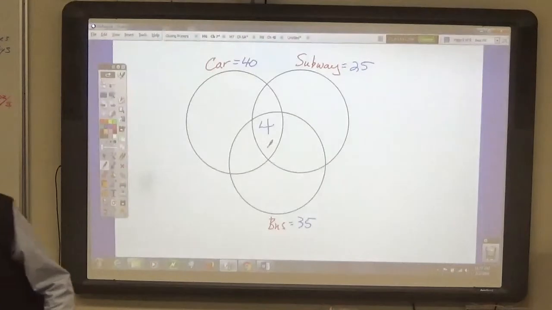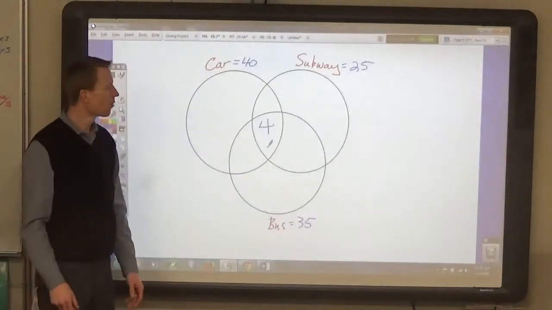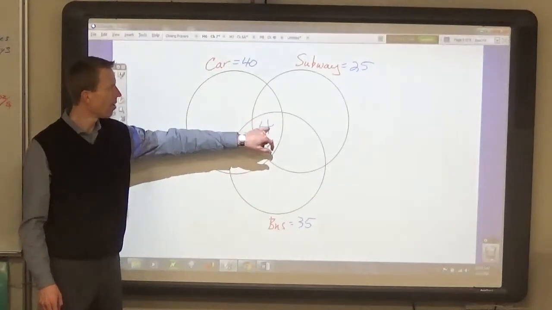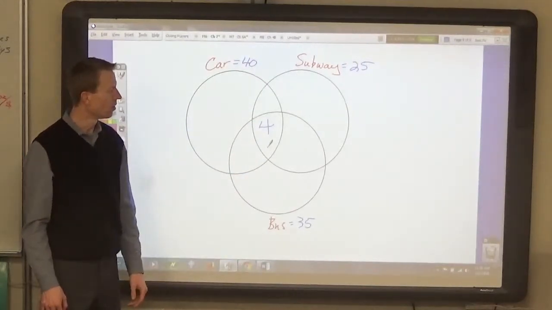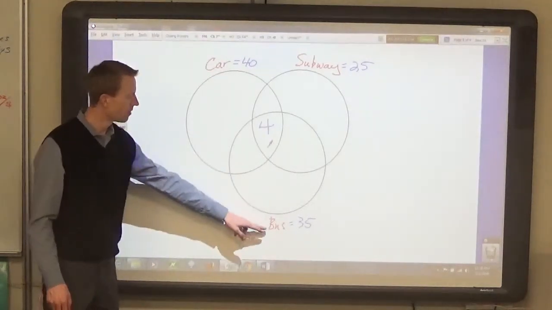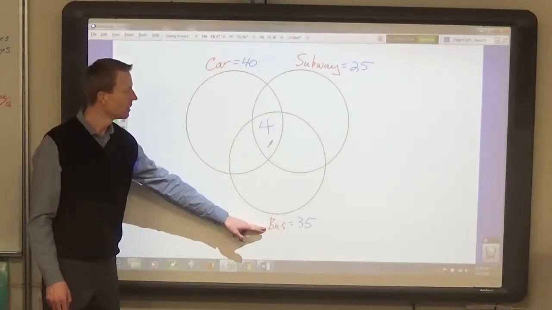Right here. Now, once you have the number that use all 3, now you can figure out how many use the car and the bus total. How many use the car and the bus? Ariana? 10.